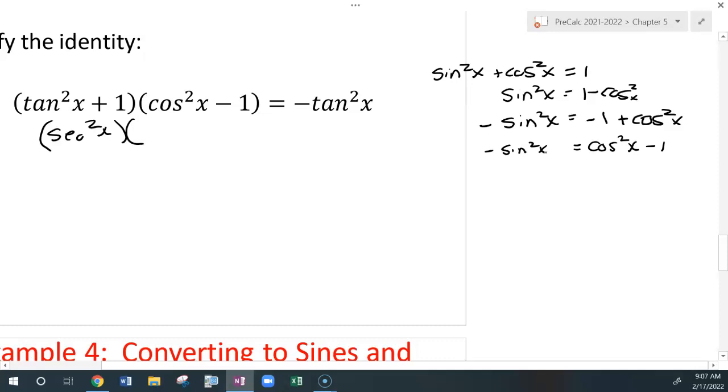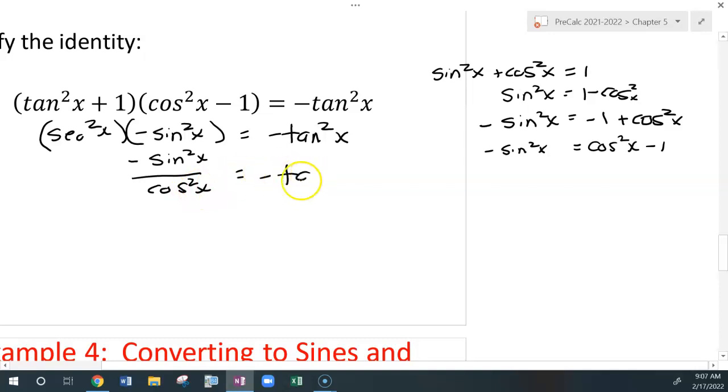So for that reason, I'm going to put negative sine squared x here, and this says negative tangent squared x. I'm keeping my right side the same. I'm changing the left only. So secant squared, remember that's the same thing as 1 over cosine squared. So I get negative sine squared x over cosine squared x equals negative tangent squared x.